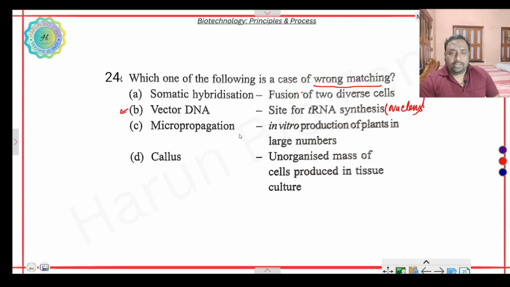Micropropagation is in vitro production of plants in large numbers. This is the right option. Callus is an unorganized mass of cells produced in tissue culture. This is also right. Somatic hybridization is fusion of two diverse cells. This is the right answer. So here the wrong answer is B.